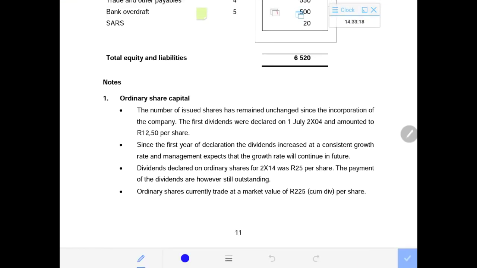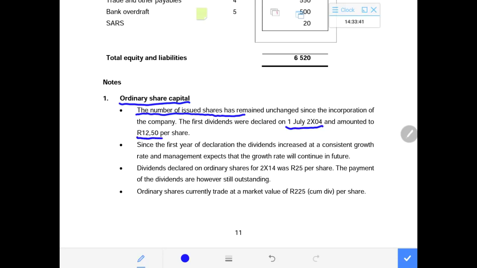Now they give us ordinary share capital, and it says the number of issued shares has remained unchanged since the incorporation of the company. The first dividends were declared on the 1st of July 2004, and amounted to 12 rand 50 cents.